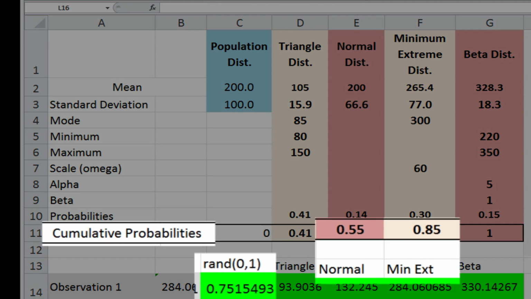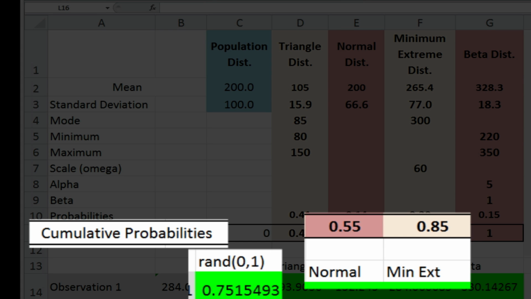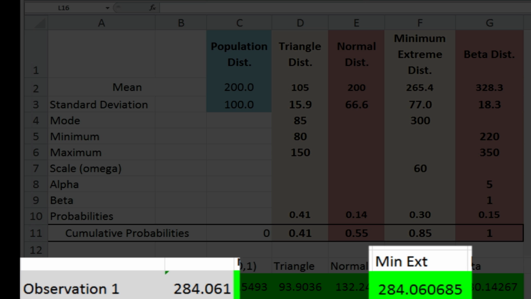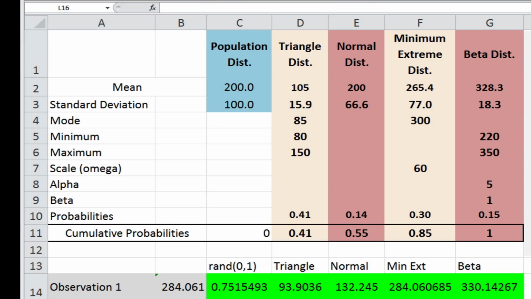The random number we first obtain is 0.75. Now, 0.75 is between 0.55 and 0.85. That means we will take the value from the minimum extreme distribution, 284.06. Let's try this again.